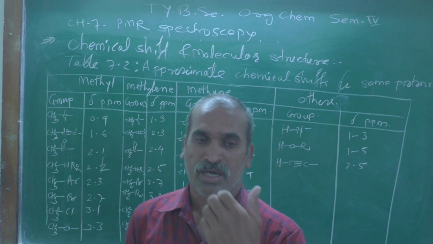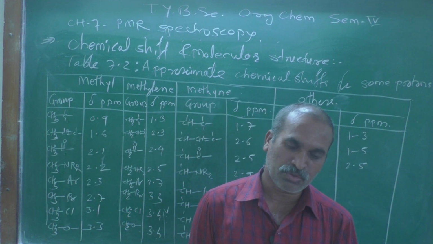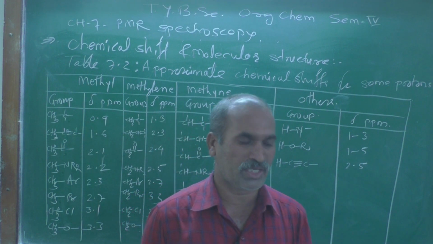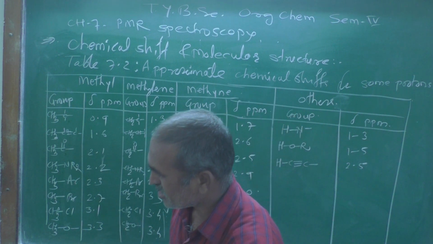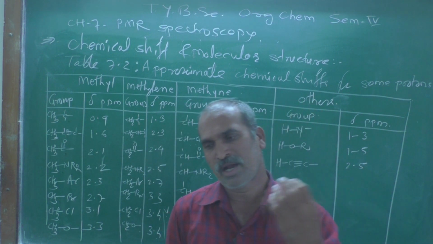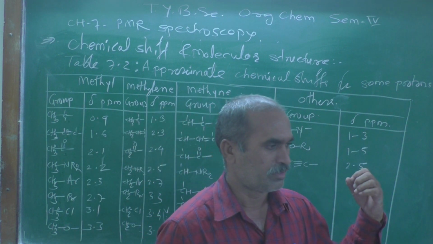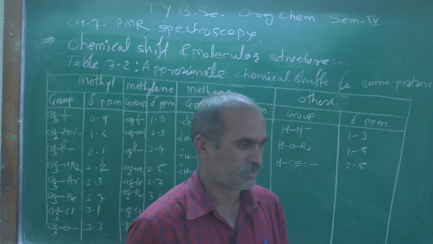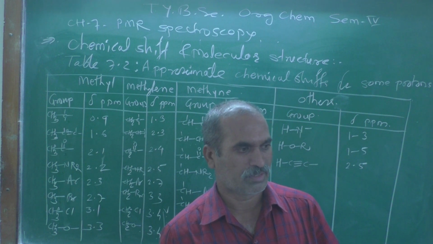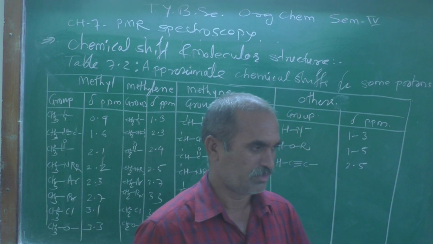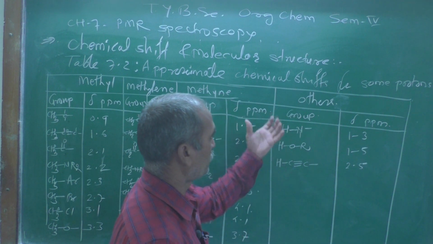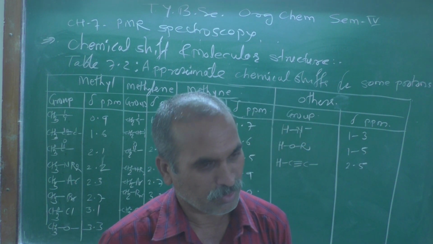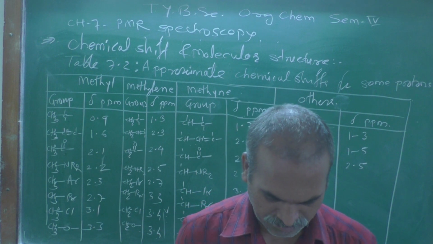And why is this so? This is due to the anisotropic effect. Anisotropic effect means unequal distribution of the electron density in a system like benzylic, allylic, aromatic, acetylenic, and that's why this type of anomalous behavior is found to be profound in such systems.